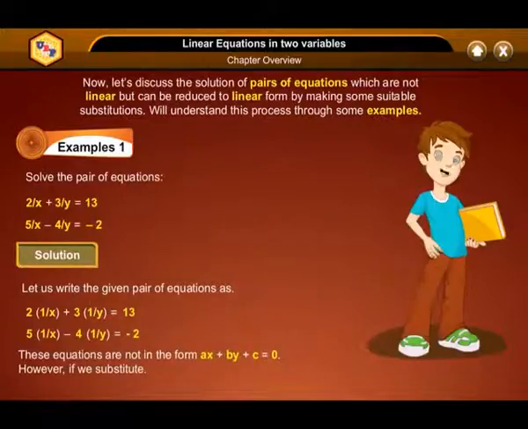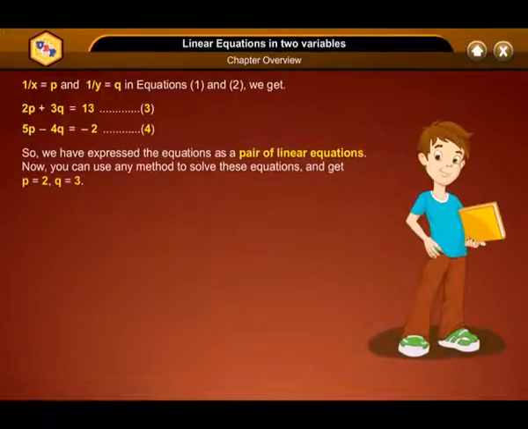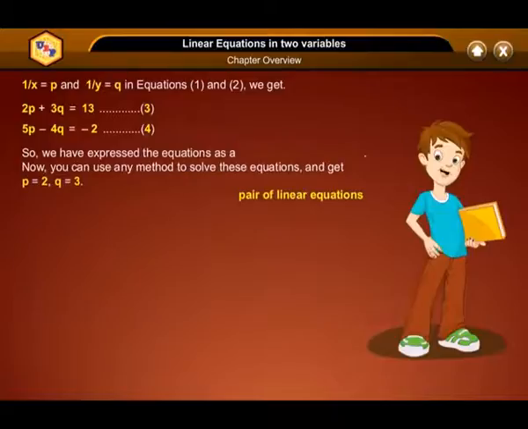However, if we substitute 1/x = p and 1/y = q in equations 1 and 2, we get 2p + 3q = 13, 5p - 4q = -2. So, we have expressed the equation as a pair of linear equations.